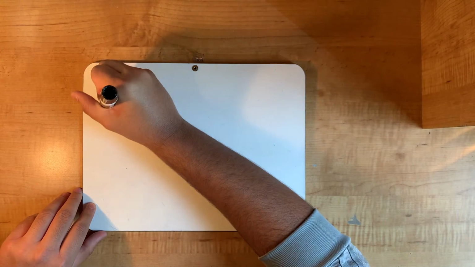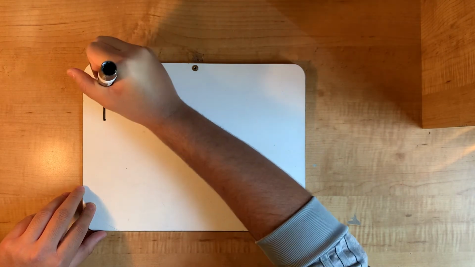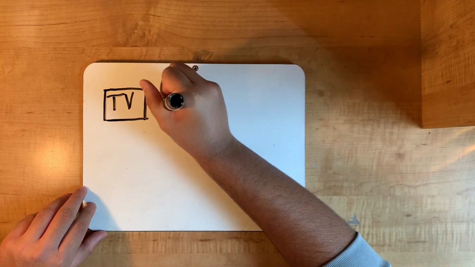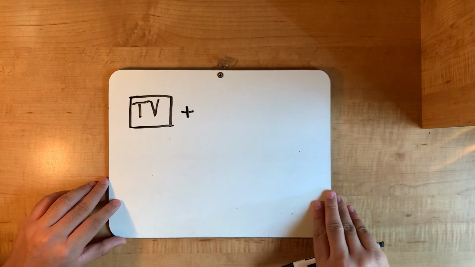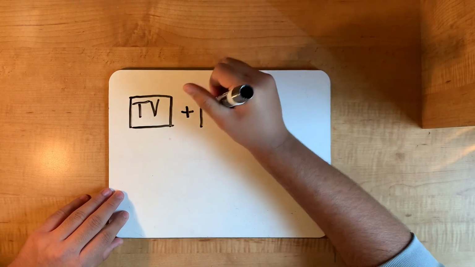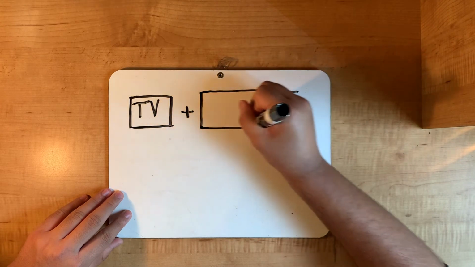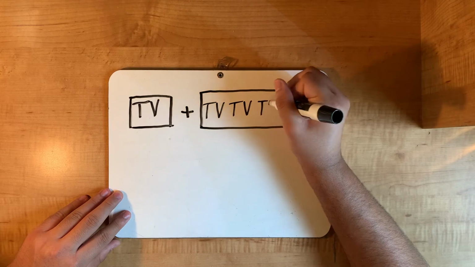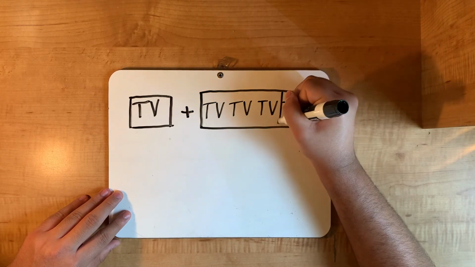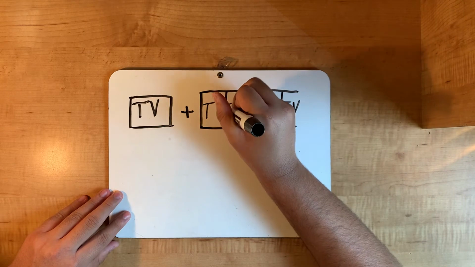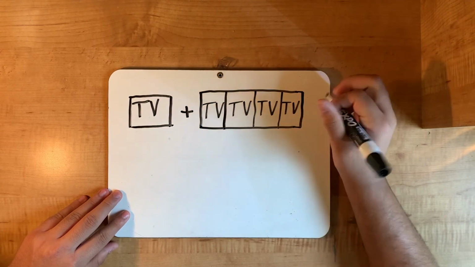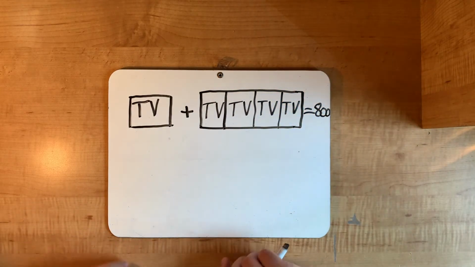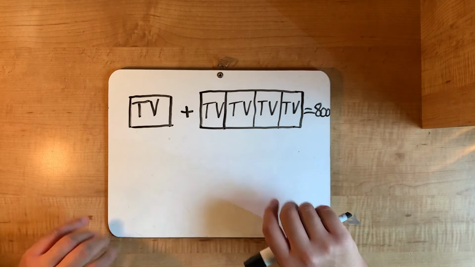So we have our 1 TV plus 4 TVs is equal to $800. That 800 is kind of small, but it's there. So we can combine these.